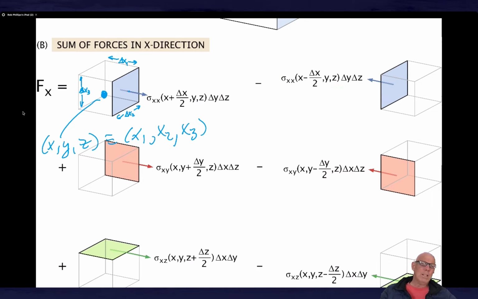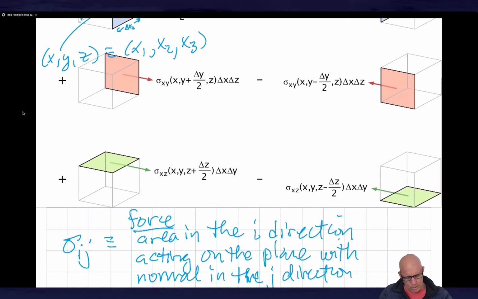So what you see is that I've got a value of the force on the front face and on the back face in the x direction, and similarly I can note the same thing in the y direction, shown here, and similarly for the z direction.